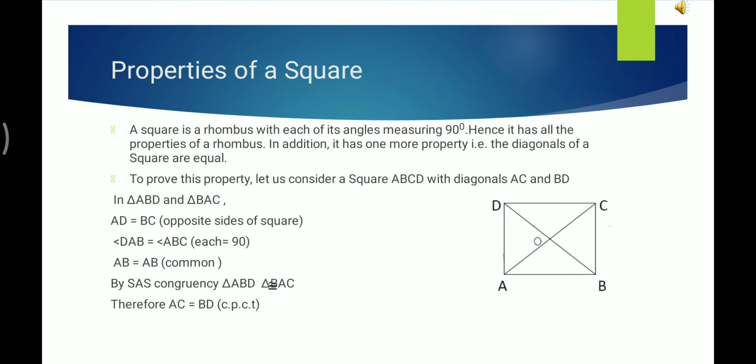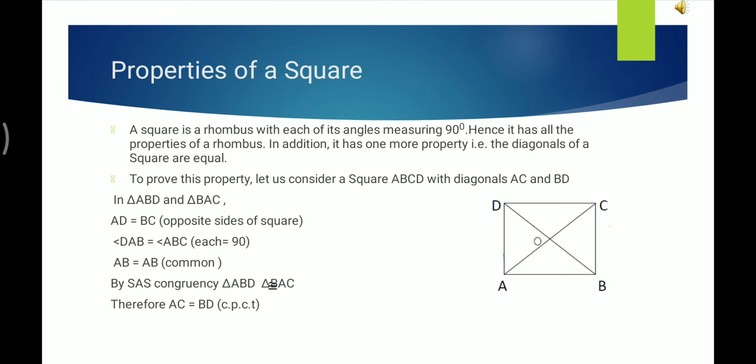To prove this property, we have to take any two triangles which have common base. Here I have taken triangle ABD and triangle BAC. Let us make them congruent by SAS rule.